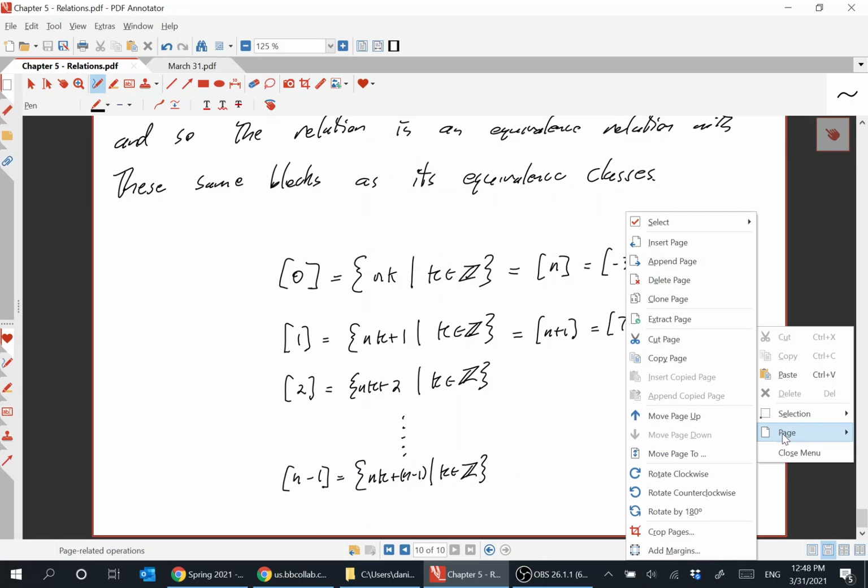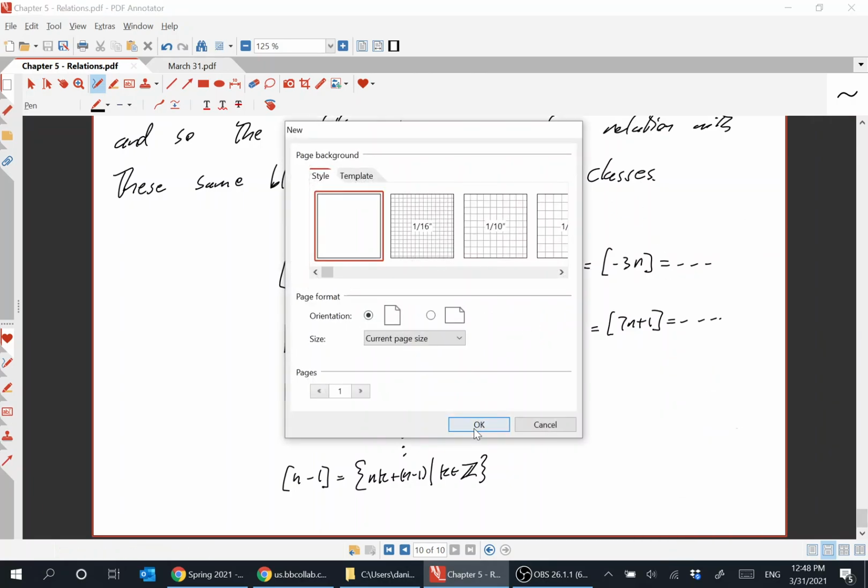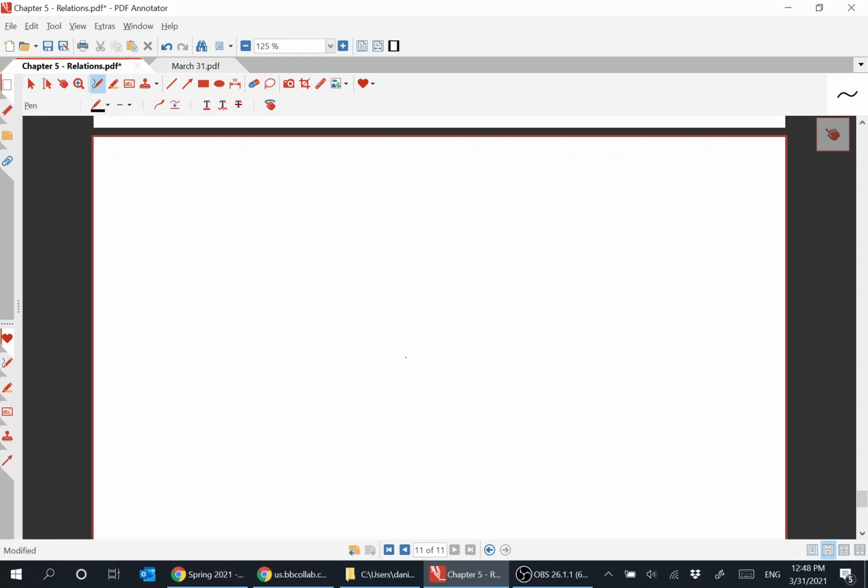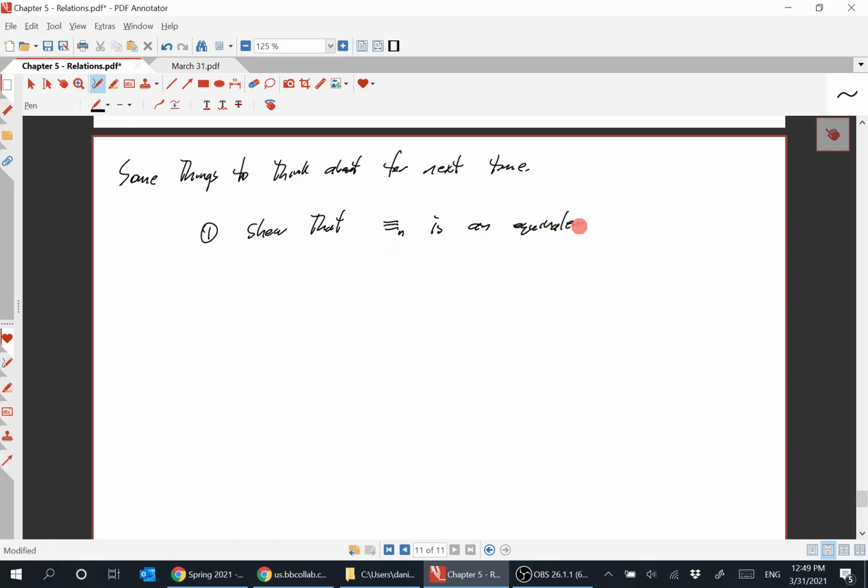All right. So here are some things to think about for next time. Okay, 1. Show that equivalence mod n is an equivalence relation directly.